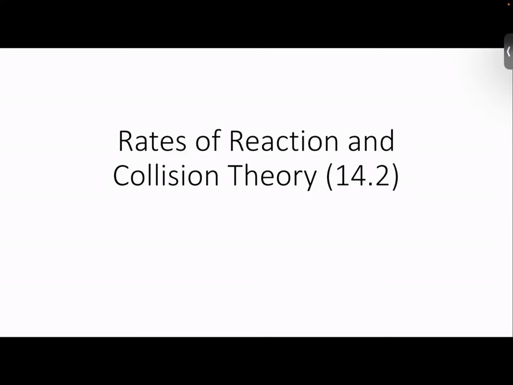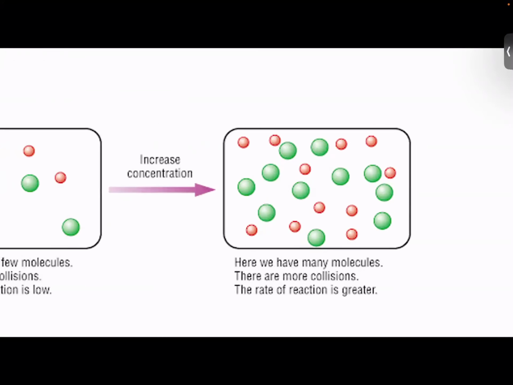Okay, rates of reaction and collision theory. As I mentioned at the start of today, I am going to introduce collision theory briefly. We are going to take the big components of collision theory and discuss them in more detail later on.